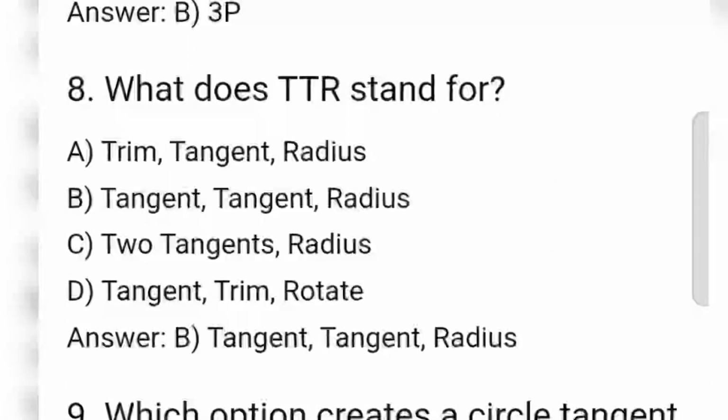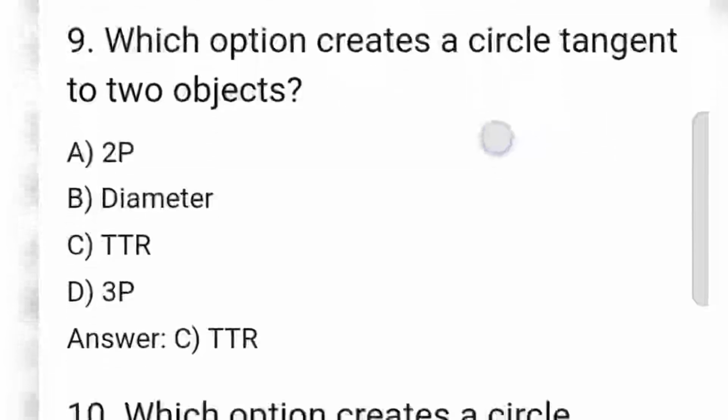Question number 8. What does TTR stand for? A trim tangent radius, B tangent tangent radius, option C 2 tangent radius, D tangent trim rotate. Answer is B, tangent tangent radius, which means TTR. Question number 9.